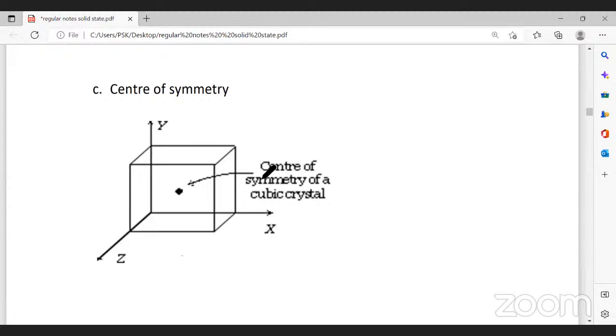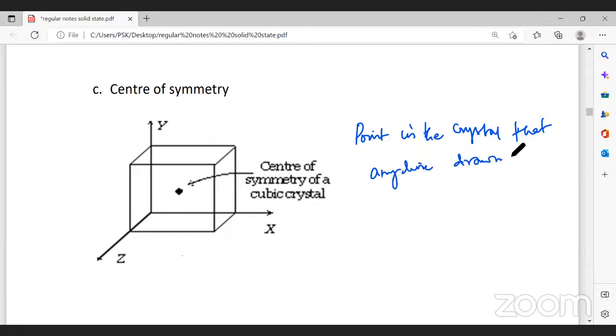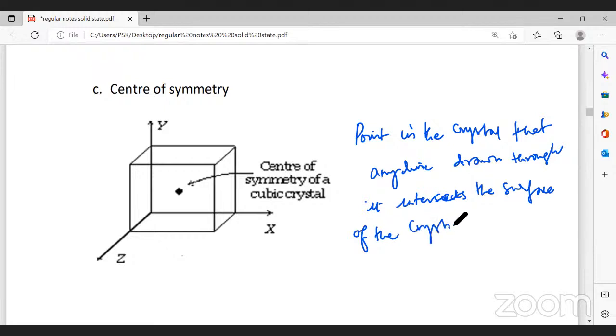So the definition is: it's a point in the crystal that any line drawn through it intersects the surface of the crystal at equal distance on either side.